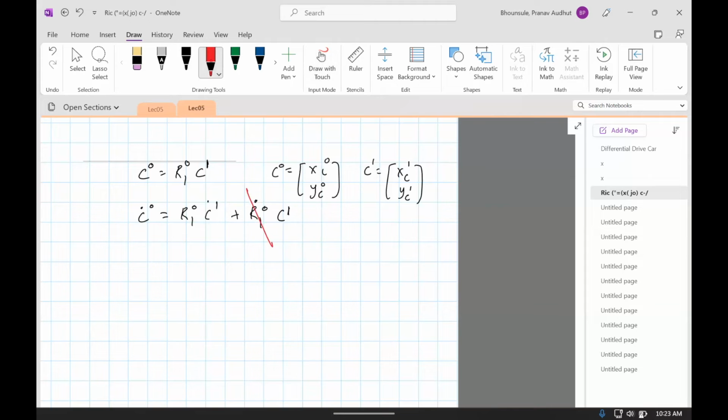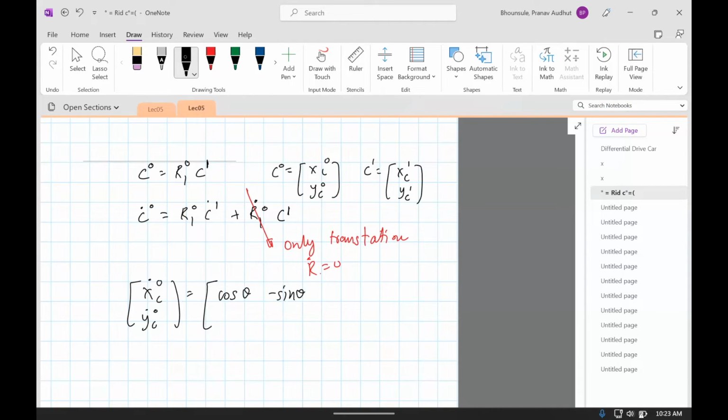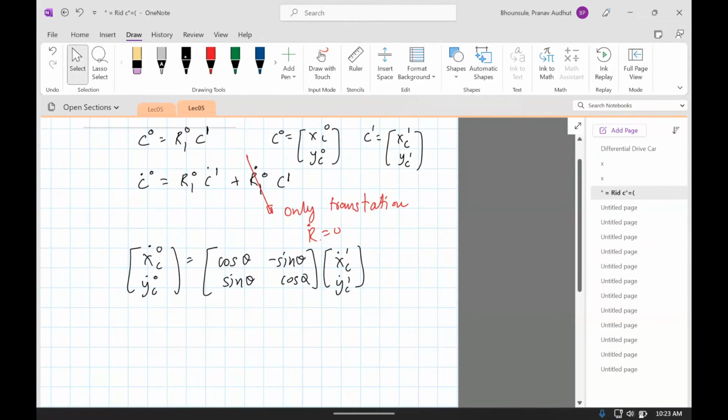Now, since we're only looking at translation, the rate of change of the rotation part is going to be 0. So R dot is 0. So we can expand this out: x dot c, y dot c in frame 0 equals cosine theta, minus sine theta, sine theta, cosine theta, times x dot c1, y dot c1.